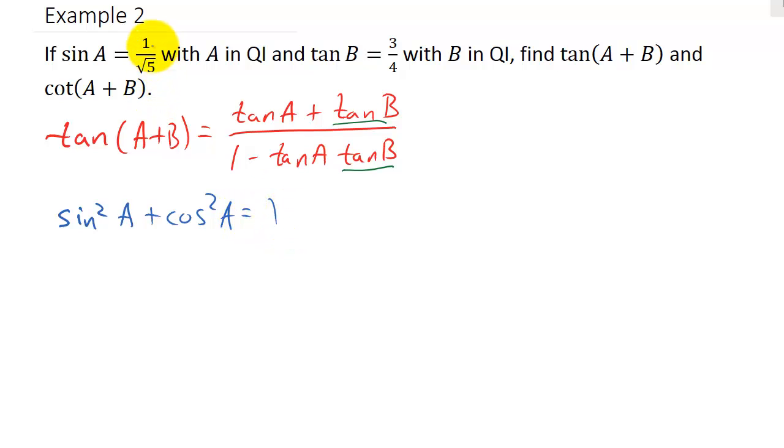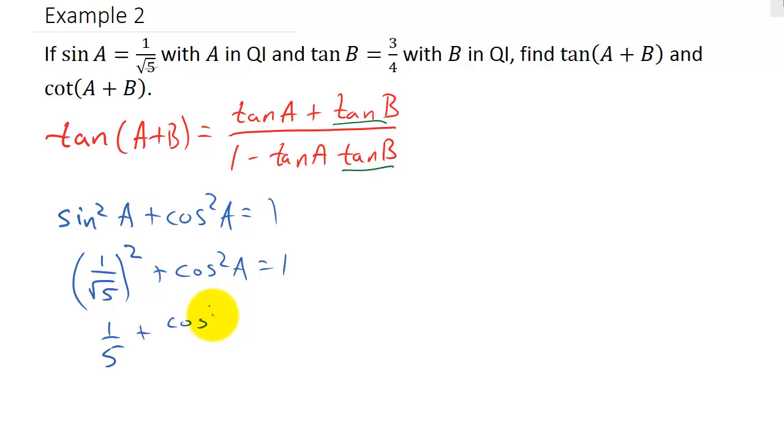All I have to do is take the 1 over square root of 5 and plug it in for sine. This is sine squared, so I have to square it, plus cosine squared A equals 1. If I square this, that gives me 1/5. 1 squared is 1, and square root of 5 squared is 5, plus cosine squared A equals 1.